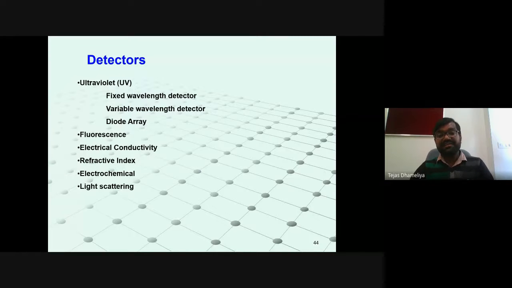Then light scattering: you might have seen light passing through a prism and dividing into VIBGYOR, which is a kind of scattering. It passes through a certain slit and can sense the molecules. So light scattering detectors are also used for this purpose. These are the several types of detectors which are widely used.